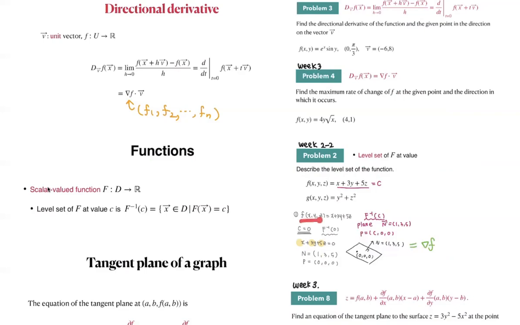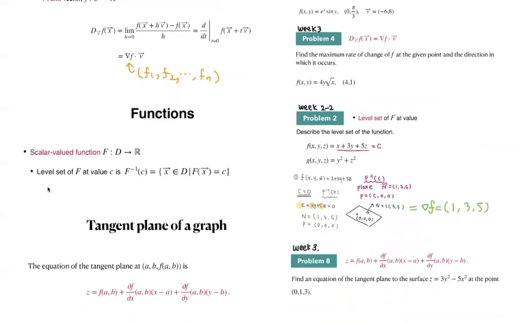Since our f is given by x plus 3y plus 5z, here gradient f is 1, 3, 5. You can see here. So if our level set is given by like that, at this point I think it is better to say that the normal vector is parallel to gradient f. Parallel to gradient f.